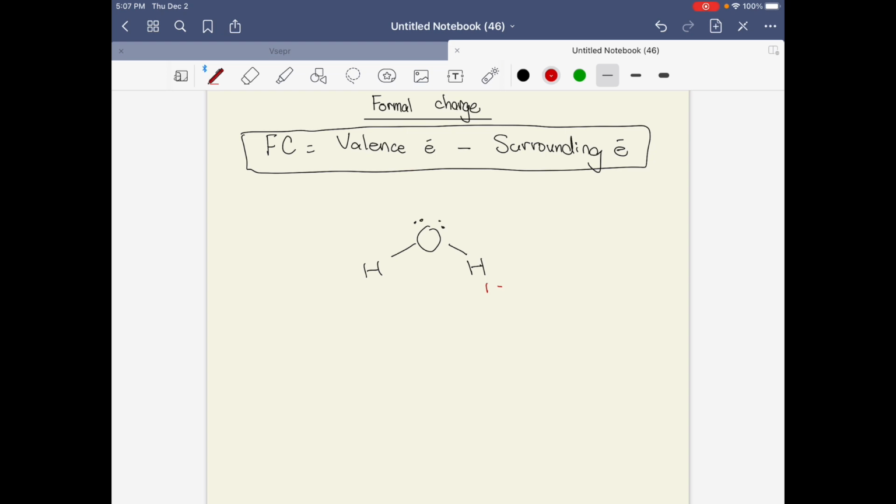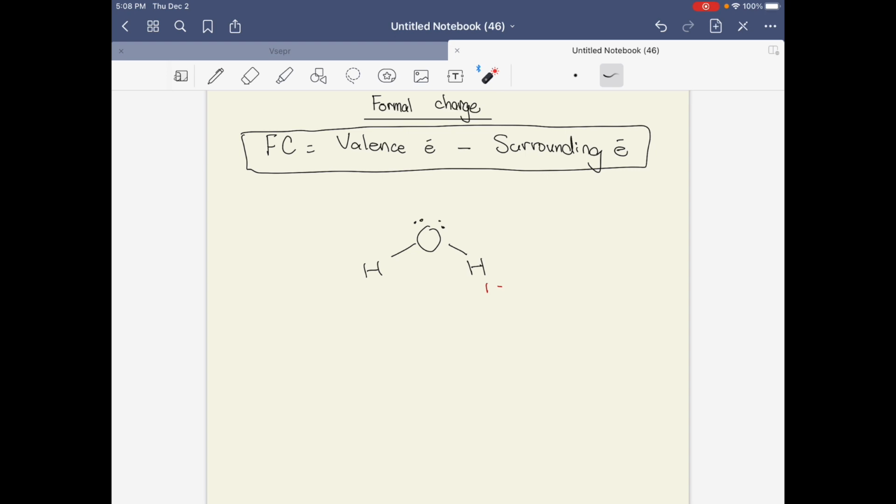Well, how many electrons are surrounding this hydrogen? Now, the way to count this is that if you're connected via a bond, this hydrogen is connected to this oxygen through this bond right here, you're going to count this as one. I know when we're doing octet rule, these bonds are counted as two.